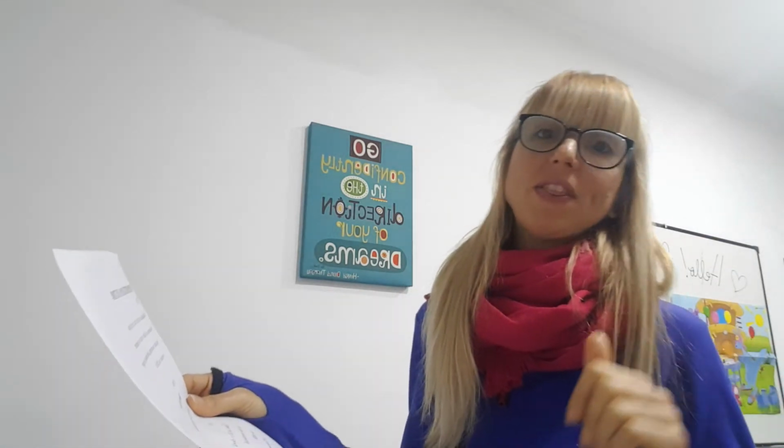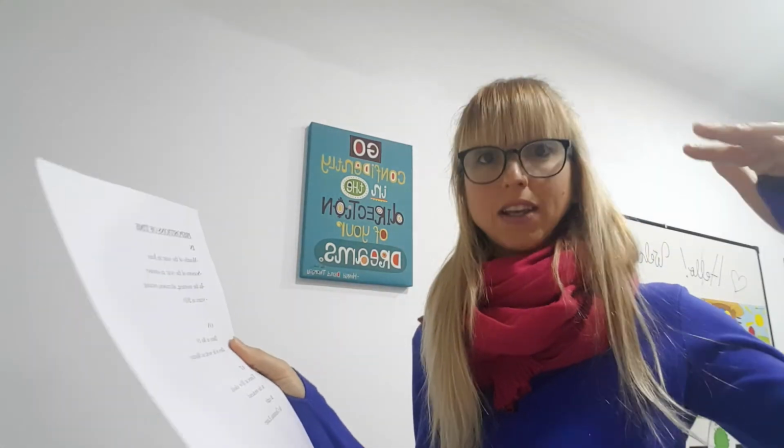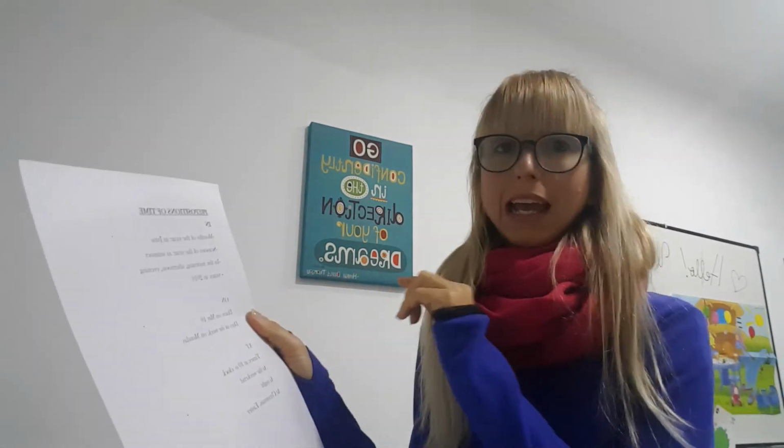In with the seasons of the year, con las estaciones del año. In summer, in winter, in spring, in autumn. In with the moments of the day, in the morning, in the afternoon, in the evening. And in with the years, in 2010, in 1950. Wow. Todos los van con in.